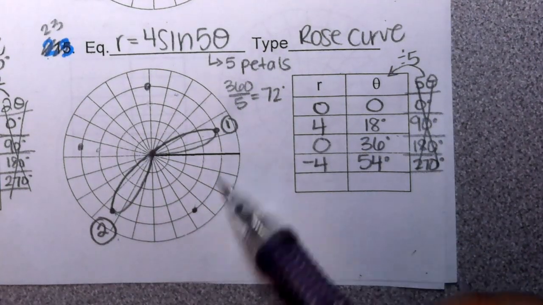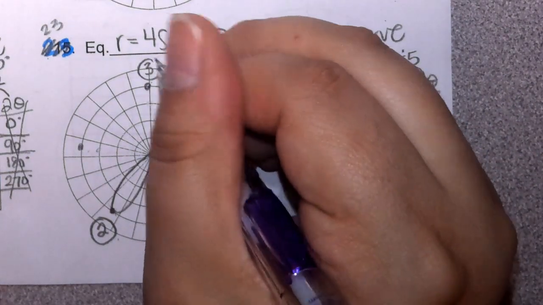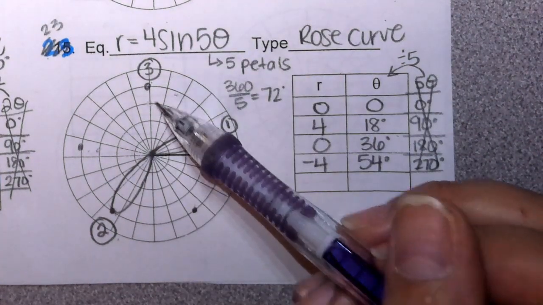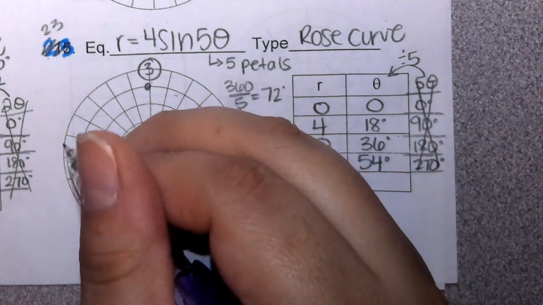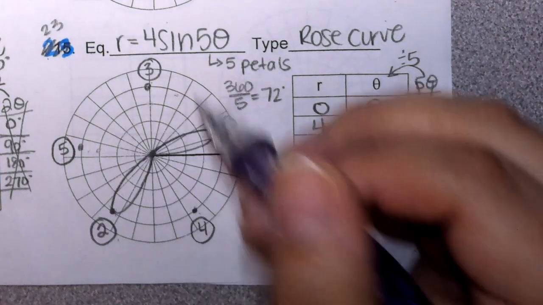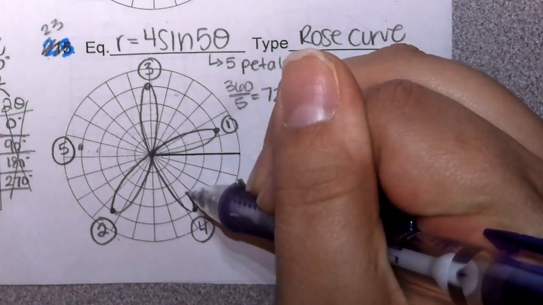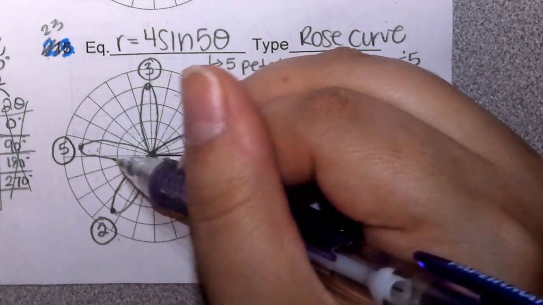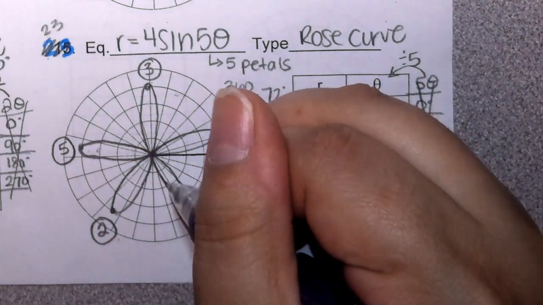Look up. 1, 2 petals. 1, 2 petals. This is going to be your 3rd petal. From your 3rd petal, 1, 2 petals. Here's your 4th petal. 1, 2 petals. There's your 5th. So that way it can kind of guide you to do your petals.